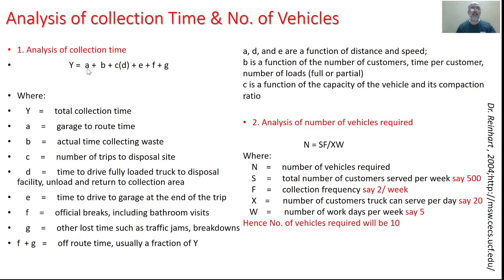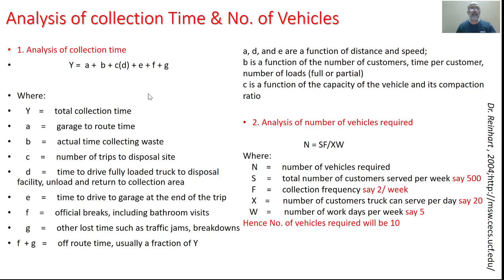As you see here, A is the first point, telling us about garage to route time. B is actual time collecting the waste. C is number of trips to the destination site.